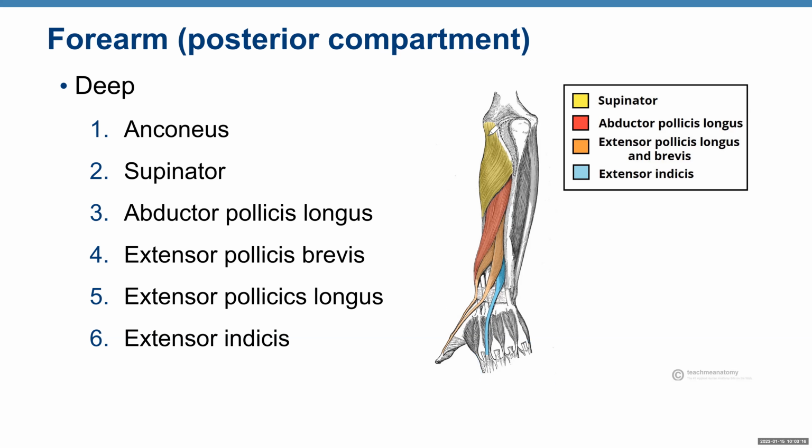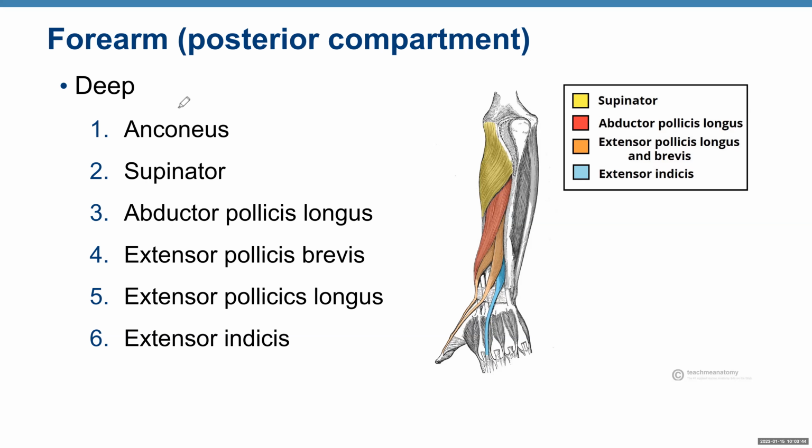So here's our supinator, and then we have abductor pollicis longus, this one. Then we have extensors. Extensor pollicis brevis and extensor pollicis longus. What they do, they extend your thumb. And extensor indicis is this one, it extends your index finger.